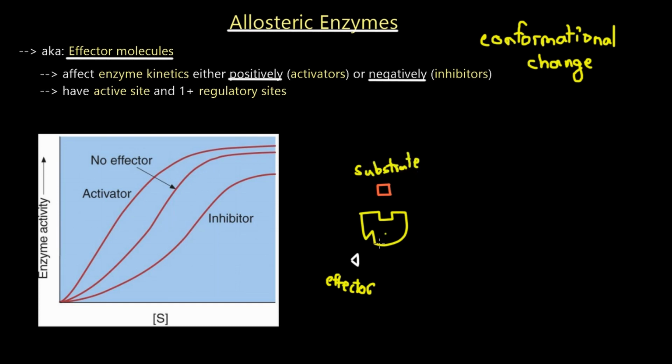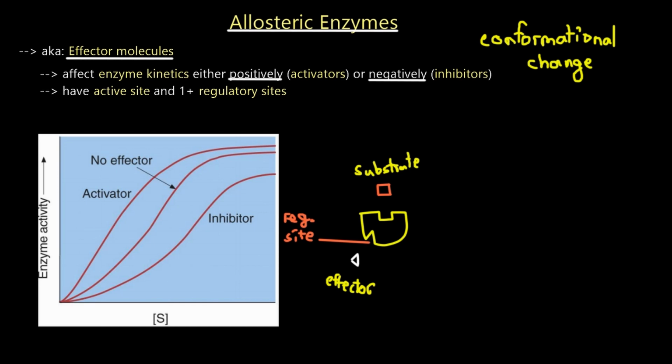Now, obviously, we know that this right here is the active site where the substrate binds, but this little spot right there is going to be the regulatory site. And the regulatory site is where the effector binds, whether it's a positive activator or a negative inhibitor. The effector molecule will bind to the regulatory site. It does not interfere with the active site.